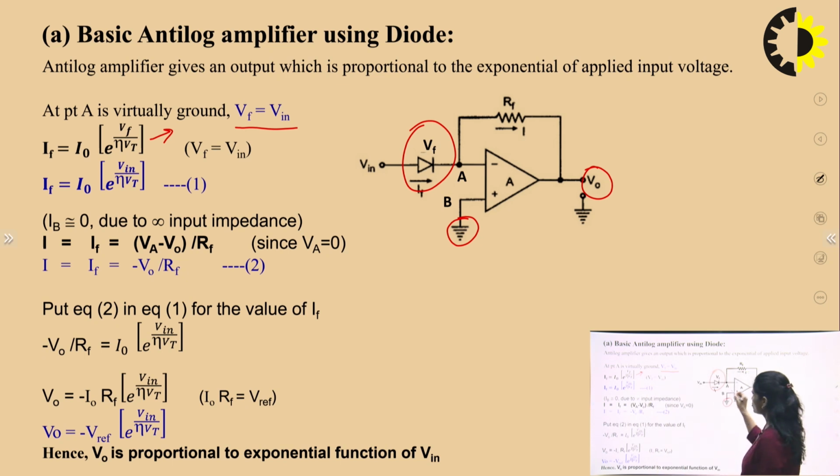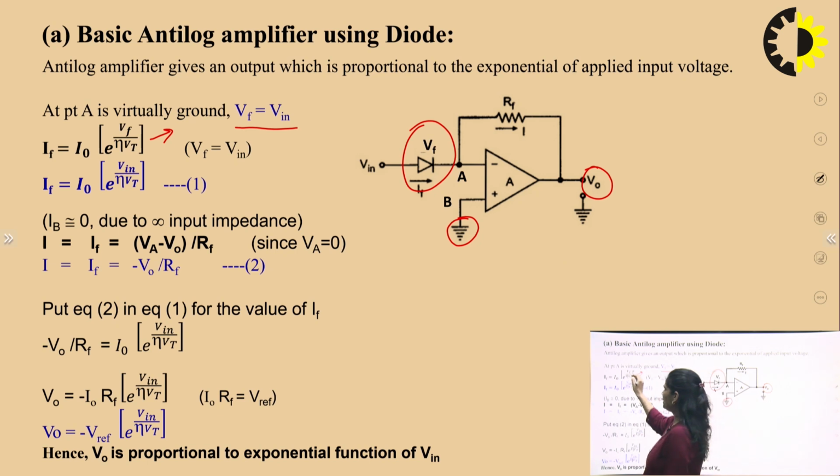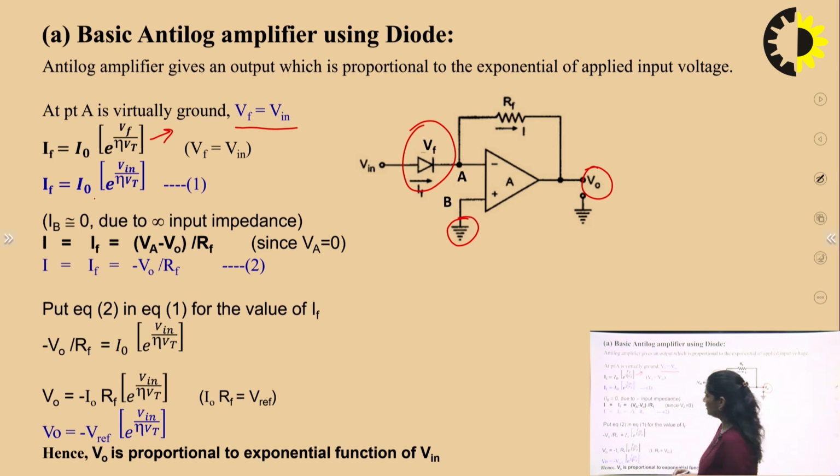Due to this virtual ground concept, Vf is equal to Vin, so we get the equation If is equal to I naught e raised to the power Vin upon eta Vt.